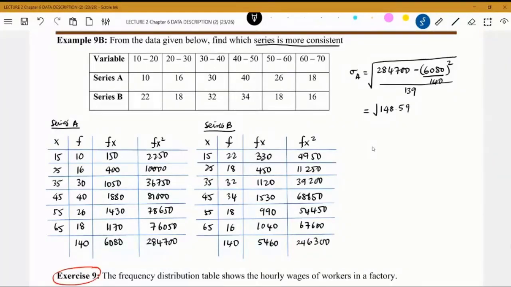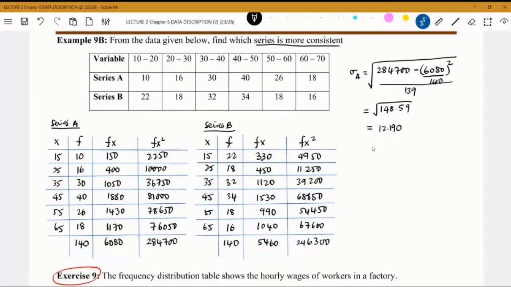Did the others get that? Right? Yeah, Miss. Okay. Alright, so the standard deviation is 12.190. Okay.